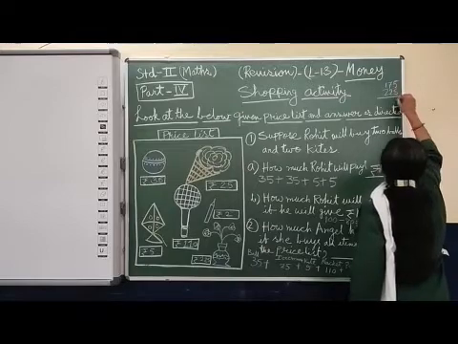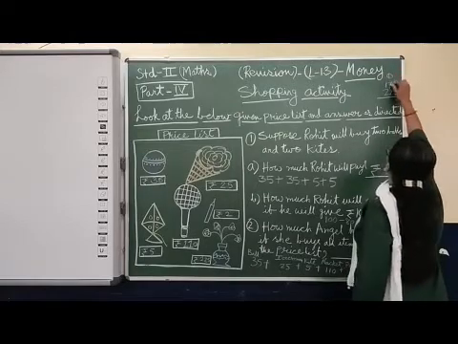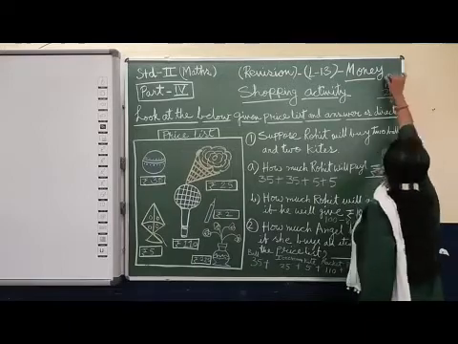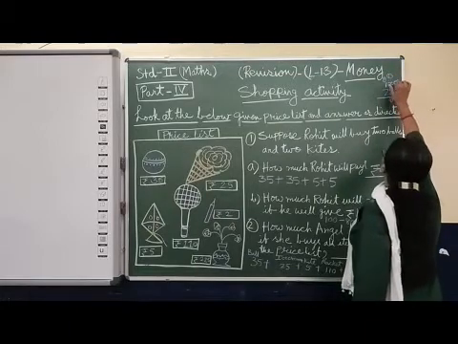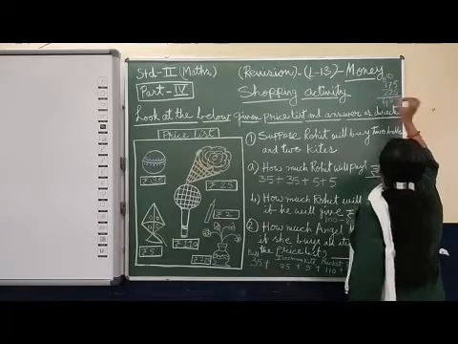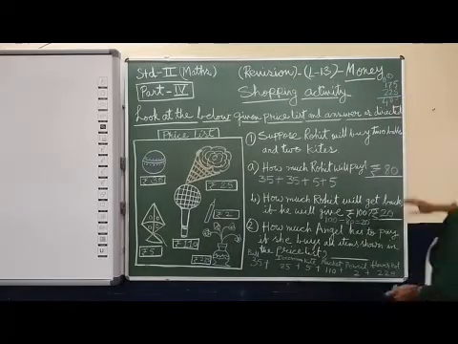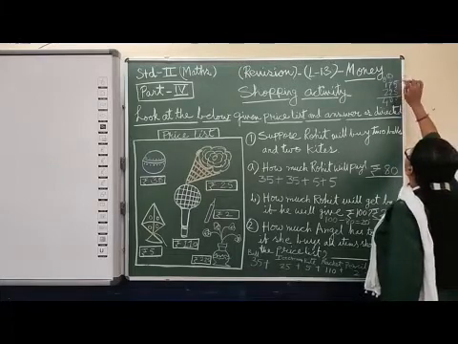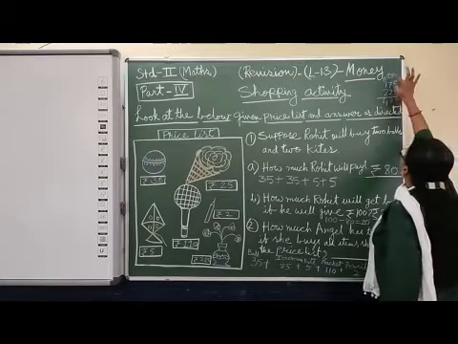So 5 plus 5, 10. 1 carry over. 7 plus 2, 9 plus 1, 10. Again 1 carry over. 2 plus 1, 3 plus 1, 4. 400 rupees. So 5 plus 5, 10. 1 carry over, 7, 8, 9, 10.